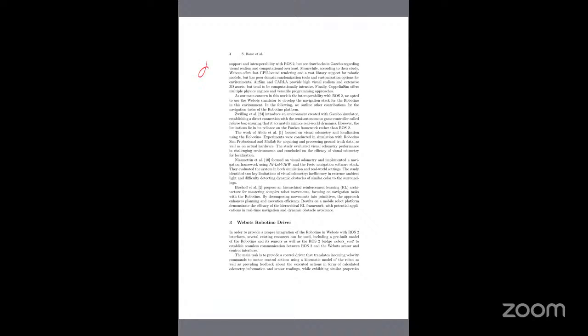So there are different simulators. Researchers are using different robotic simulation software. One is Gazebo. The main advantage of Gazebo is that it has good interoperability with ROS 2.